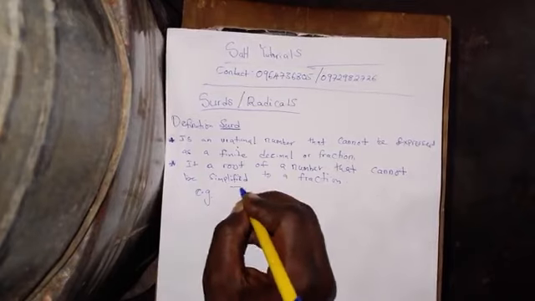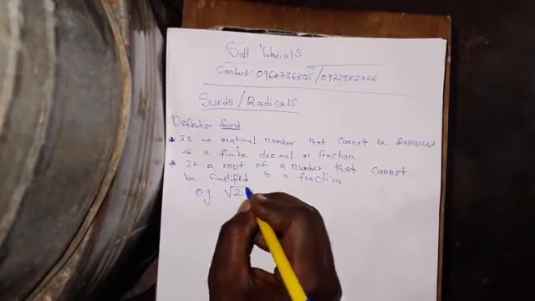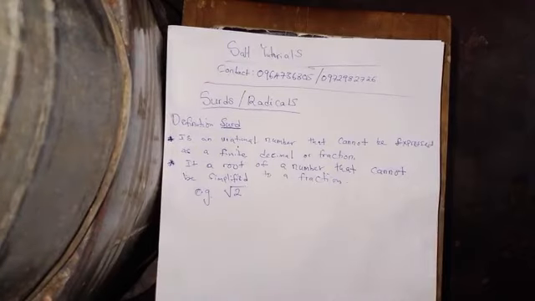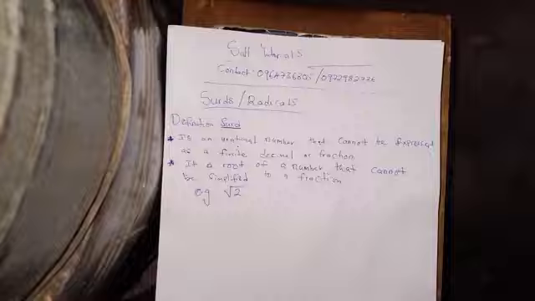For example, if I simply say the root of 2, and you punch root of 2 on a calculator, you'll discover that the decimals are not finite or something which can be counted. It is continuous, a non-terminating decimal, which qualifies it to be called an irrational number.